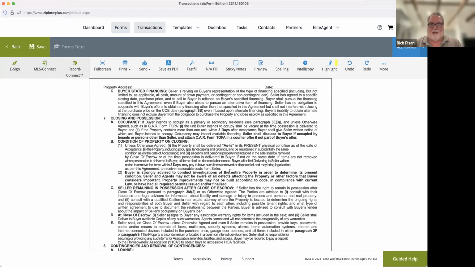But it goes on to say that seller has no obligation to cooperate with buyer's efforts to obtain any financing other than what's specified in the agreement, but shall not interfere with closing at the purchase price at the close of escrow date, even if based upon alternate financing. Basically saying, buyer, if you can close for the price on the closing date going with a loan as opposed to with all cash, good.